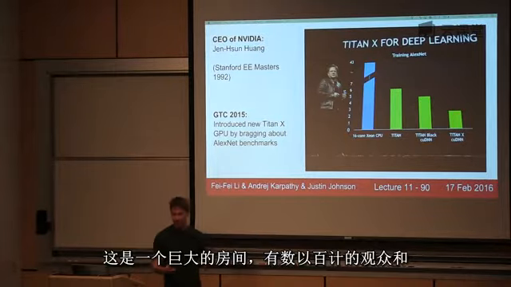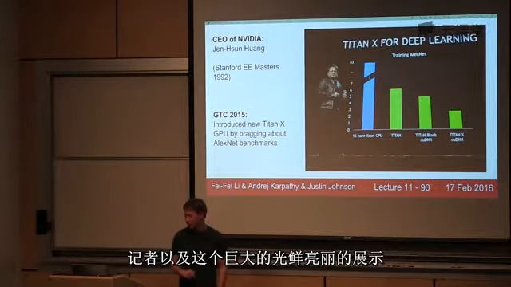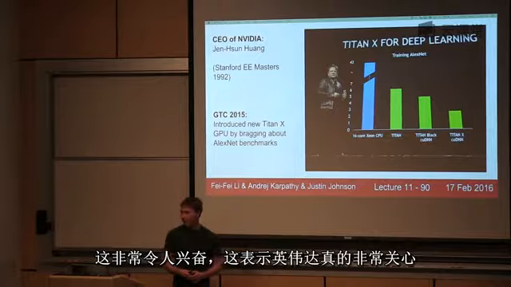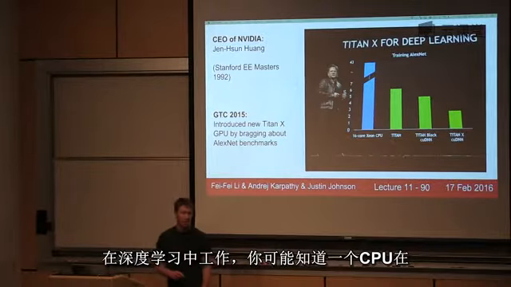So this was crazy. This was a gigantic room with hundreds and hundreds of people and journalists and this gigantic, highly polished presentation. And the CEO of NVIDIA was talking about AlexNet and convolutions. And I thought that was really exciting. It shows you that NVIDIA really cares a lot about getting these things to work, and they've pushed a lot of their efforts into making it work.